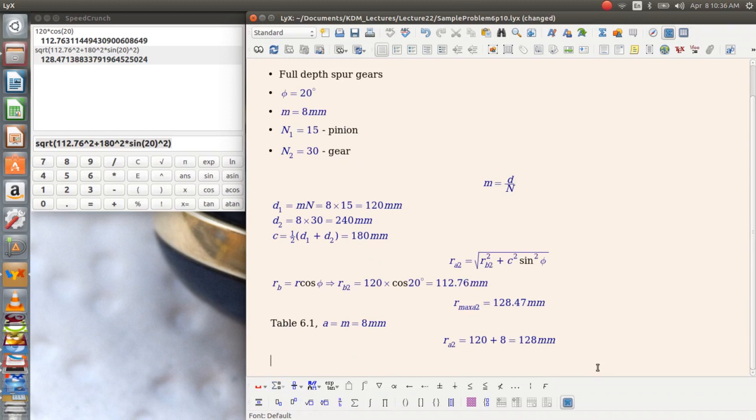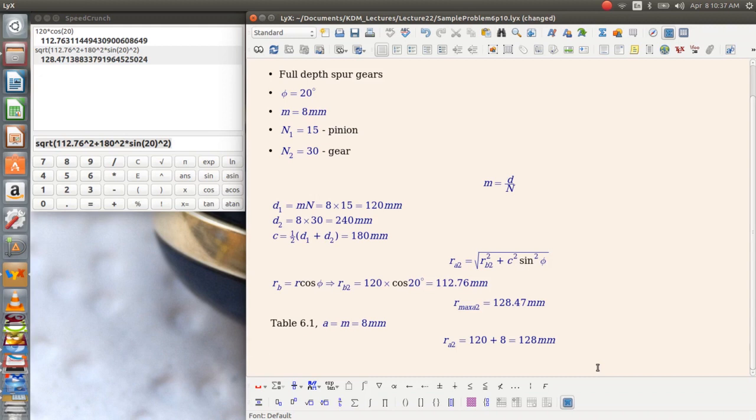So this tells us that the addendum radius is smaller than the maximum addendum radius that we can allow. It's 128 millimeters, and we could go up to 128.47 millimeters. So in this case, the gear does not interfere with the pinion.